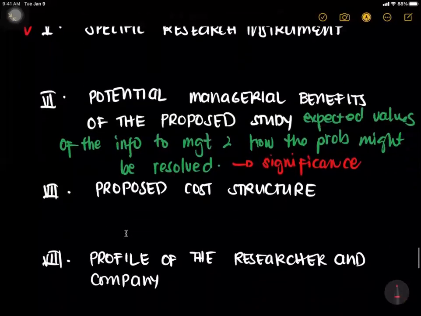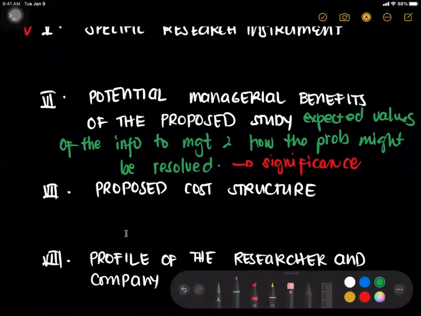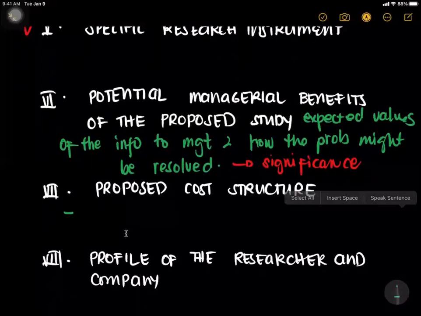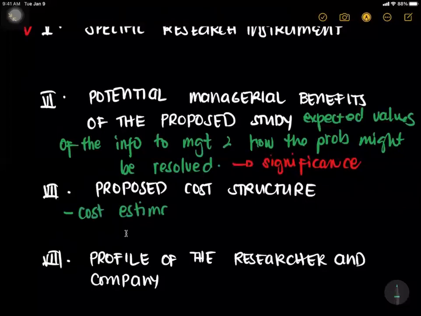Your number seven is also important, and this is now your cost structure or your cost estimates. It depends on where you're going to submit your proposal, but if the purpose of your proposal is for sponsorship, you have to present how much it will take for the study to be completed.